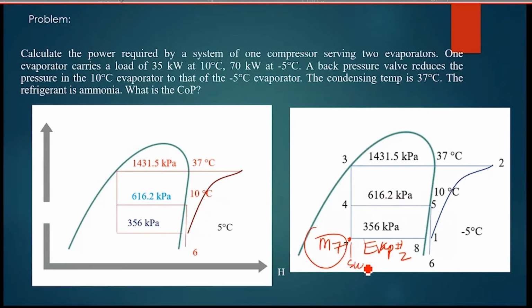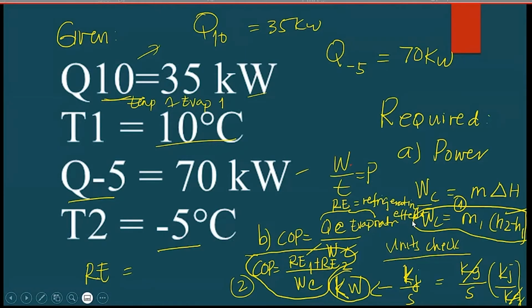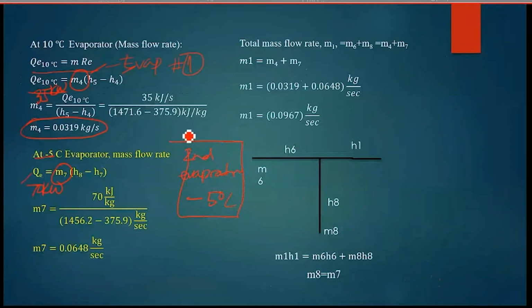This is the suction, the discharge of the evaporator at saturated vapor, which is also the entrance of the compressor. Going back to this, all we have to do is plug in. We are going to find M7 at the second evaporator at -5 degrees centigrade. H8, we were able to get because it is on the vapor line, and H7, we were able to get because it is on the constant line.